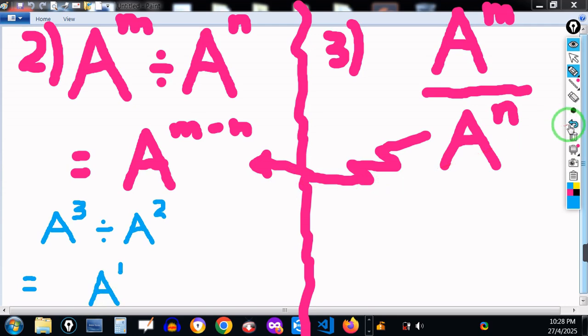We are going to adjust a little bit and see what happens to the usage of this law. I want to make this now a 3. What will happen? In fact, I'm scratching my head too right now. 3 minus 3 is 0.